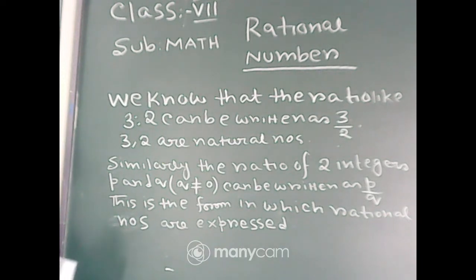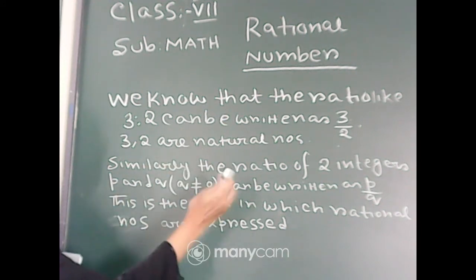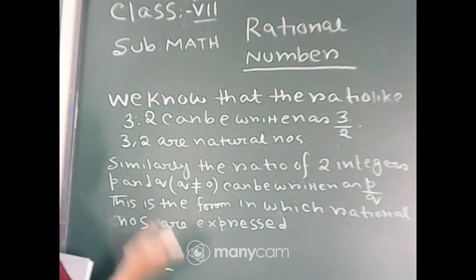Similarly, the ratio of two integers P and Q, where Q not equal to 0, can be written as P divided by Q, and this is the form in which rational numbers are expressed. Therefore, the form of a rational number is P divided by Q, where P and Q are integers and Q not equal to 0.